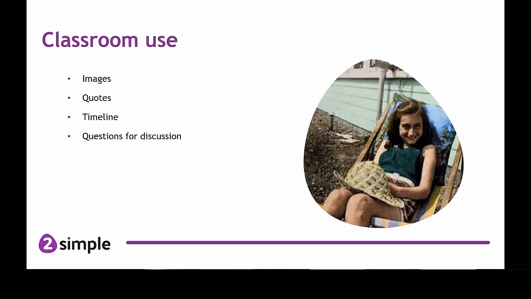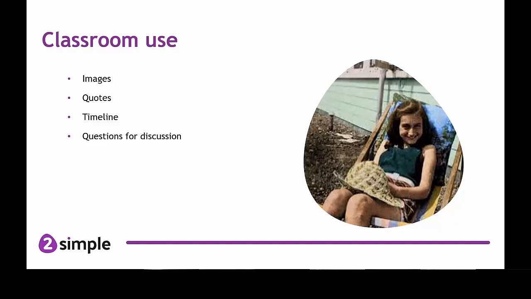We have lots of images and quotes in the resource, in each of the sections. If you want to use any of the images or quotes in the classroom, there is an appendix at the back of the pack so that you can use them on your screen, which we hope you will find useful.